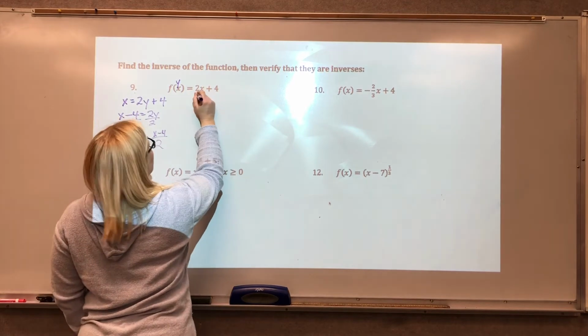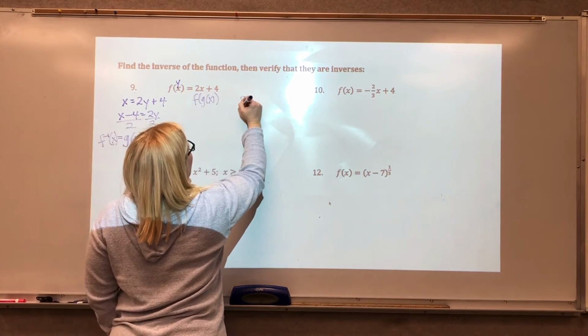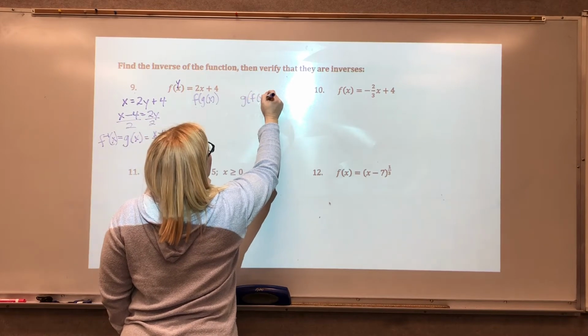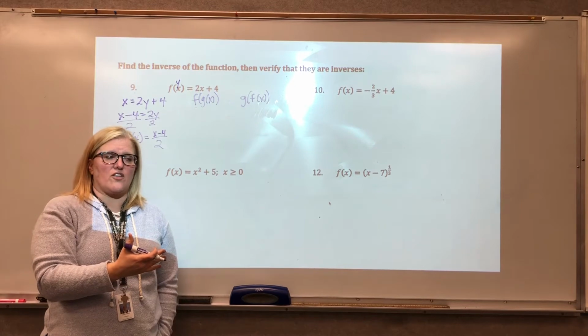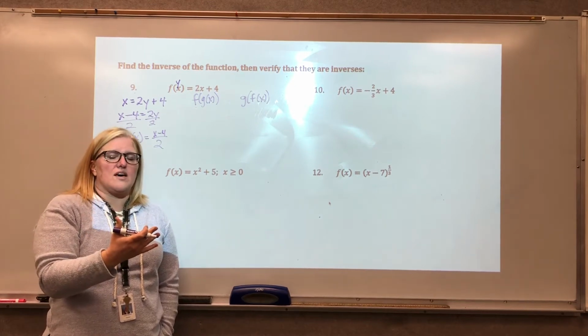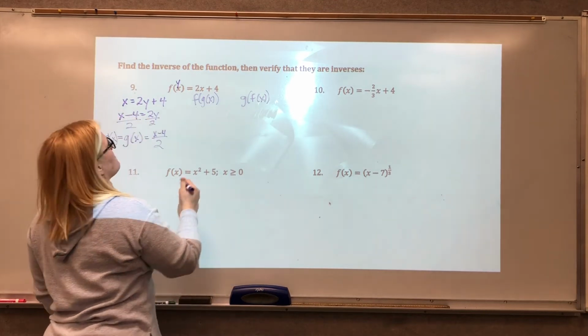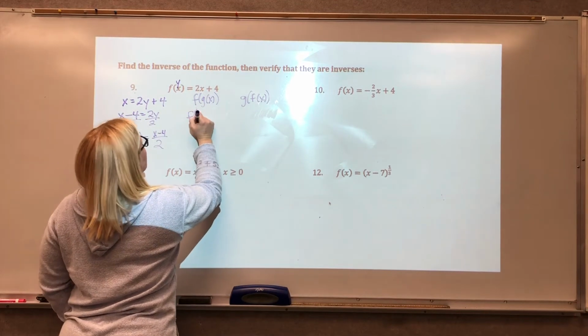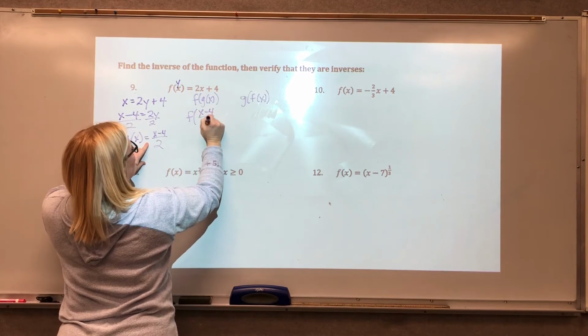So now I need to find f of g of x, and I need to find g of f of x. And if they both equal x, then these are inverses of each other, which we already know because we just found it, but this is what it's asking for. So f of g of x, right here, x minus 4 over 2.